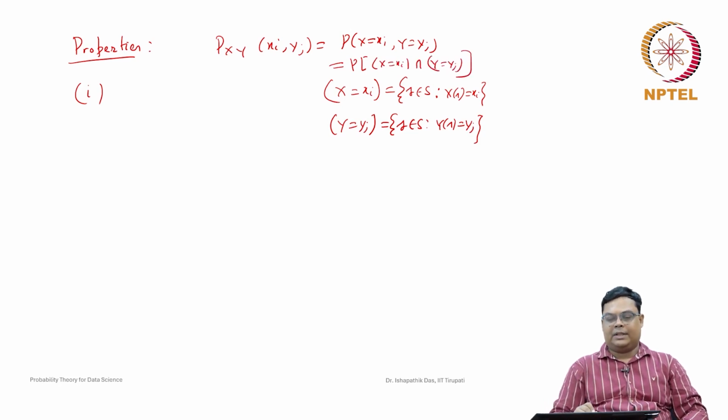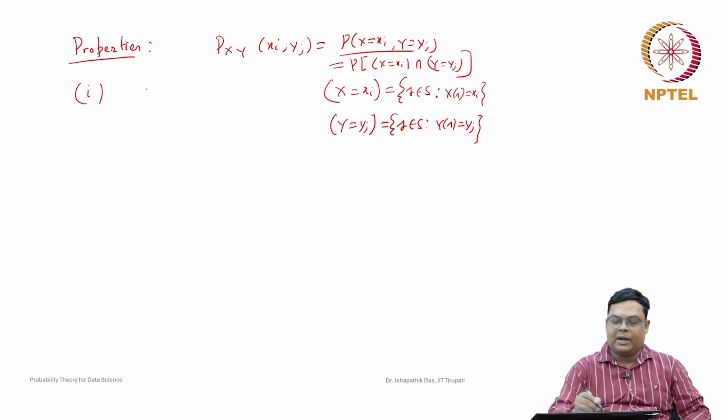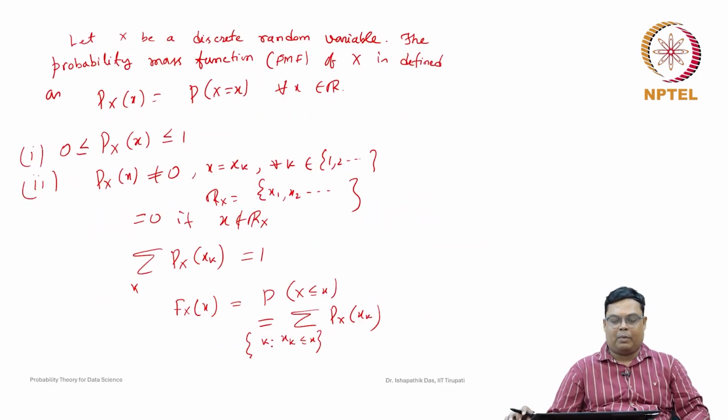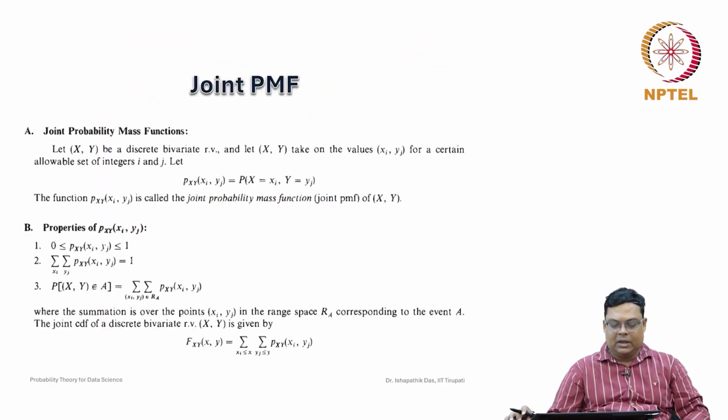So, this is the joint probability mass function. Since this is a probability, by axiom 1 it will always be less than or equal to 1 and greater than or equal to 0. This is one property mentioned here.